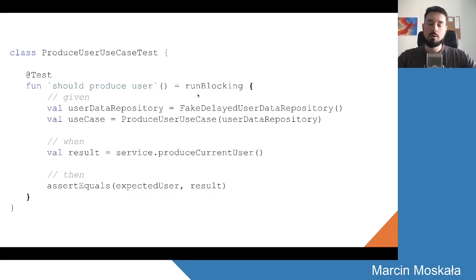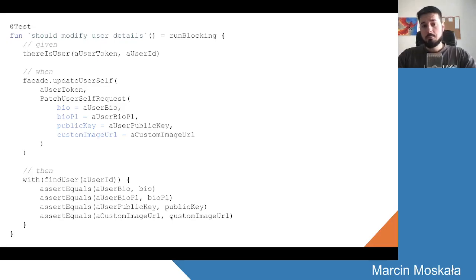The only difference is that you need to wrap the code with runBlocking because you need a suspending scope here. So you wrap everything with runBlocking, and everything else is just the same. You set up fakes, you call your function, you check the result, and you can call other functions and check their results. It is exactly the same as classical unit tests for blocking functions.